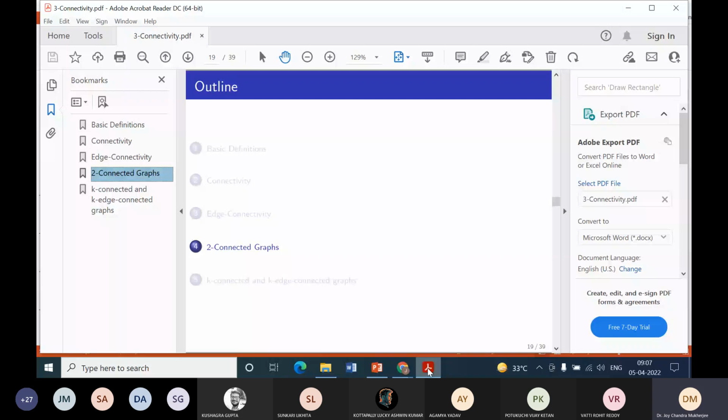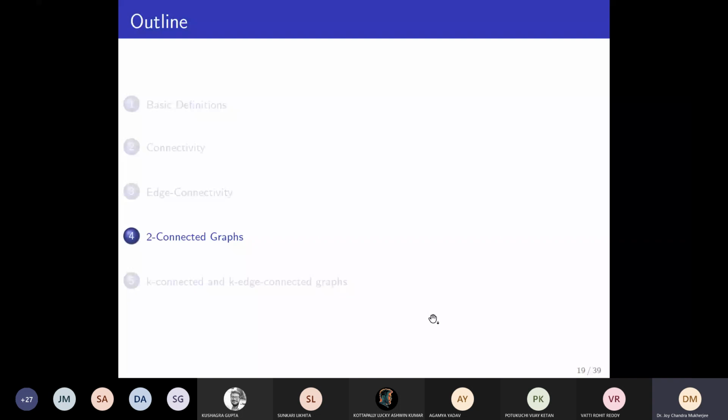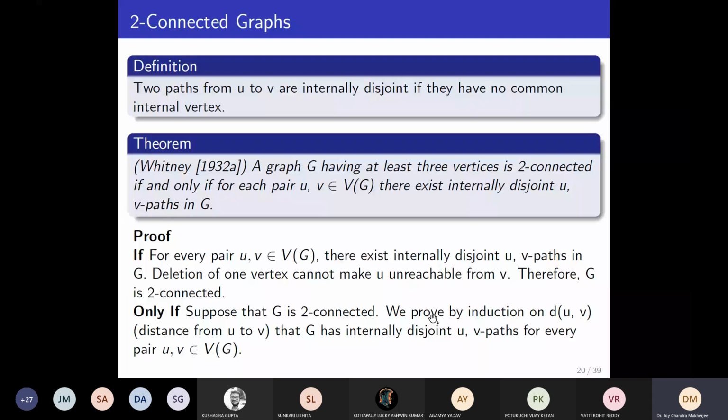two connected graphs, and then we'll characterize in general k connected graphs. So what are two connected graphs? Before we go into that, first we say what an internally disjoint path is. Two paths from vertex U to vertex V are internally disjoint if they do not share any vertex.